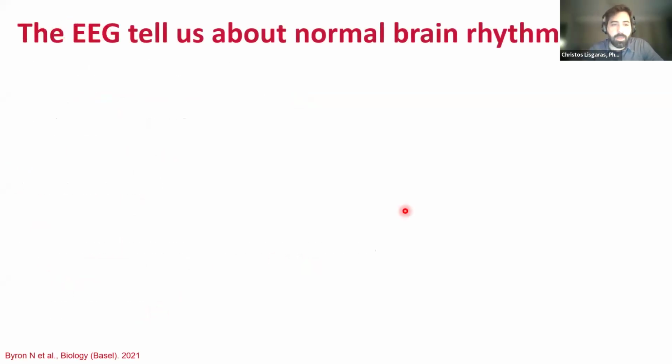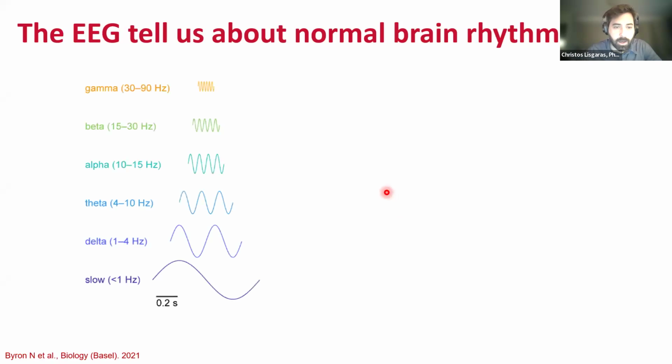So the EEG tells us a lot of information. Some of it has to do with normal brain rhythms. As you all know, the brain can generate various different rhythms that range from very slow oscillations to faster oscillations like gamma. All these frequencies are important because they are involved in memory processing.